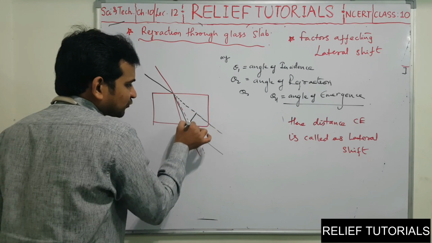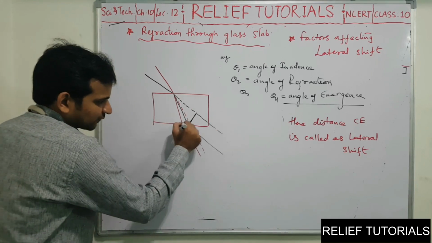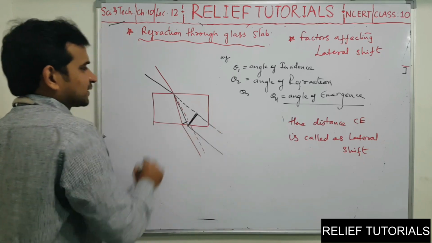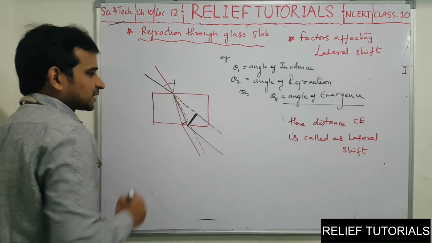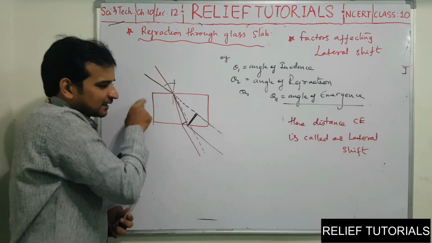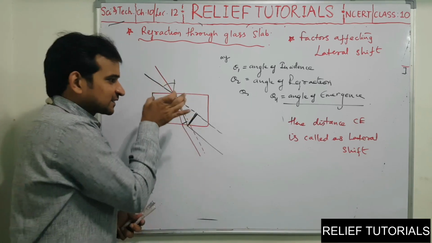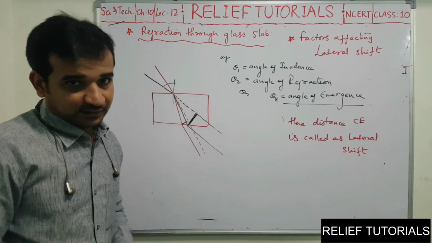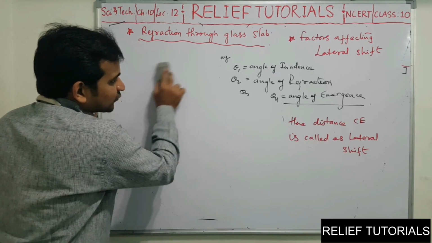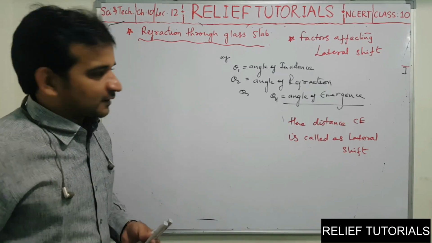So this will be the new shift. This was the first lateral shift, and this will be the second lateral shift if the angle of incidence increases. So as the angle of incidence increases, lateral shift for the same glass slab increases. If you want to increase the lateral shift, you have to increase the angle of incidence.